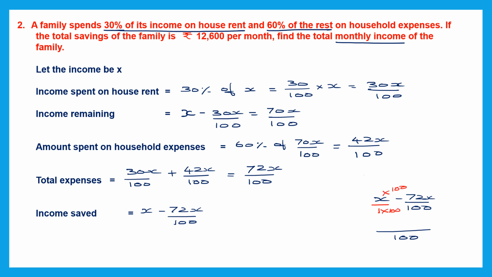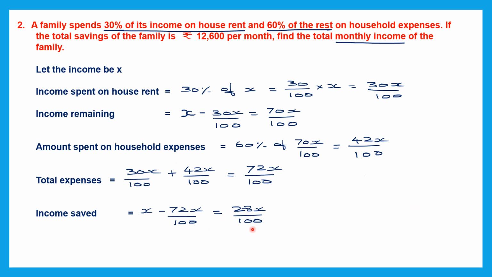So we get 100x minus, now here we have 100 in the denominator, same, so we can write the same thing, 72x. 100x minus 72x is 28x, and in the denominator we have 100. So here income saved is 28x by 100. That means these are the savings.